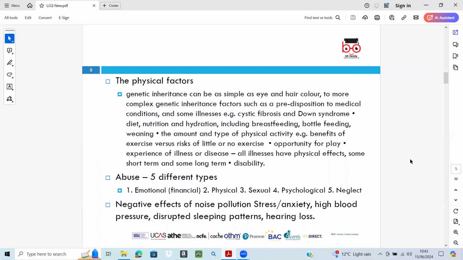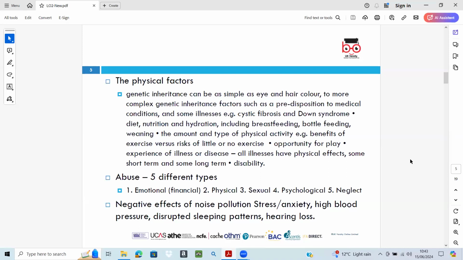Psychological abuse includes behaviors that psychologically harm or manipulate an individual, affecting their mental health and well-being. Then we have neglect. Neglect involves failing to provide necessary care, leading to harm or risk of harm.